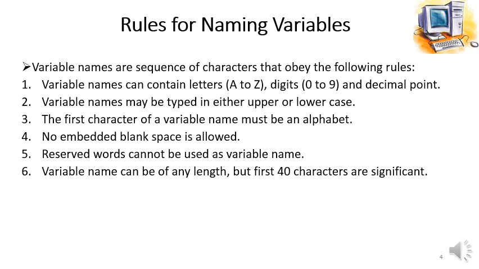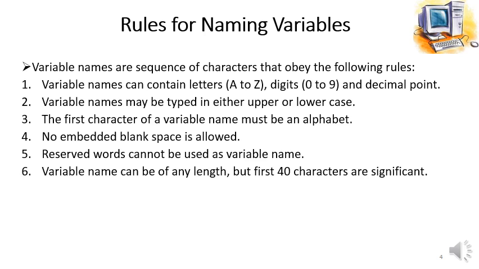Sixth, variable names can be of any length, but the first 40 characters are significant. What does it mean? It means that if we have two or more variables with the same first 40 characters, those variables will be considered the same variable. They will not be considered as different variables. That's why they say that the first 40 characters are significant.